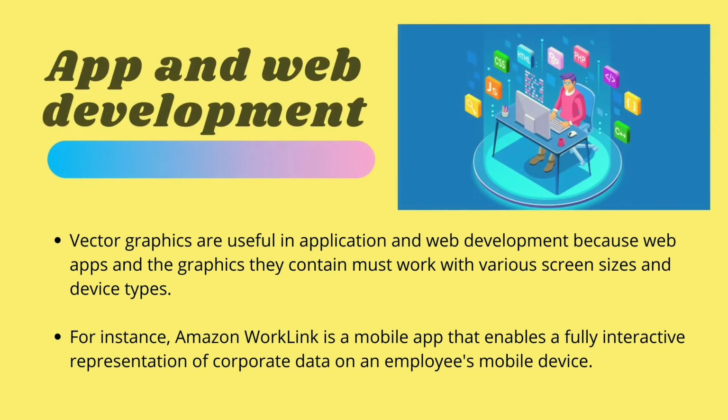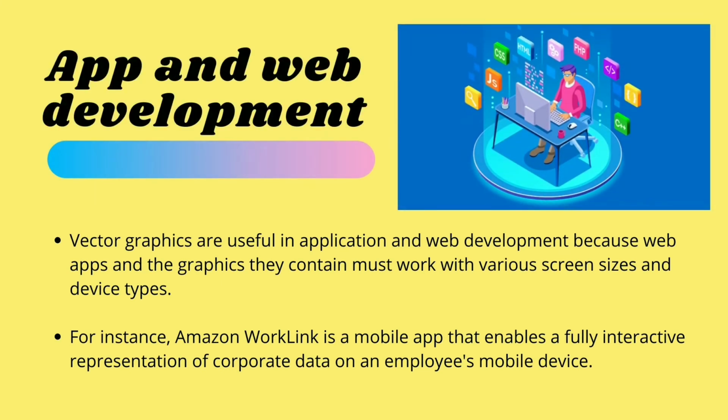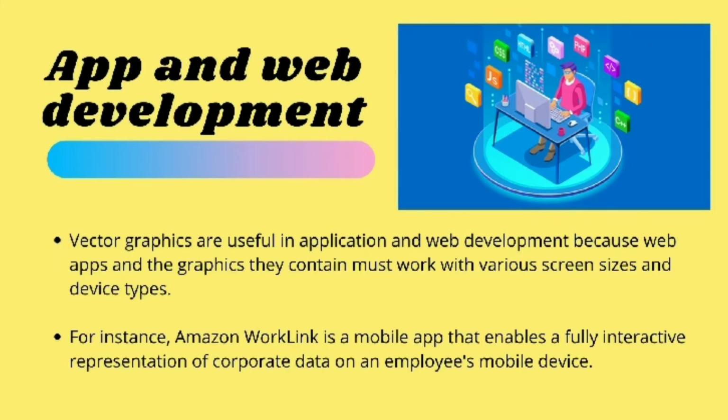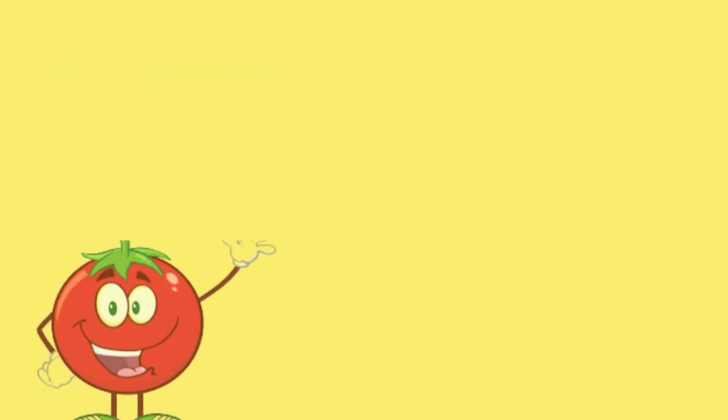App and web development. Vector graphics are useful in application and web development because web apps and the graphics they contain must work with various screen sizes and device types. For instance, Amazon WorkLink is a mobile app that enables a fully interactive representation of corporate data on an employee's mobile device. Next, animation.